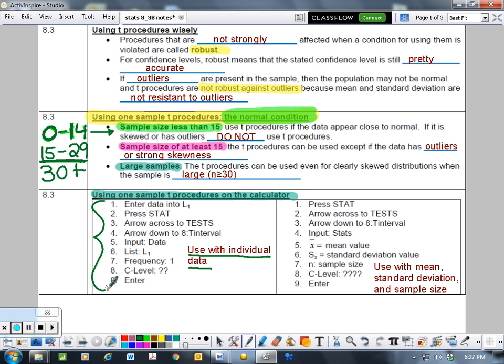It will not check conditions, so you still have to check conditions yourself, meaning you may have to graph stuff up here to see if it's skewed or if there's outliers. And then over here is if they only give you the mean and standard deviation. So they don't give you the individual data, but they do give you the mean and standard deviation. Again, this is really more to check your answers to make sure you're doing it right.